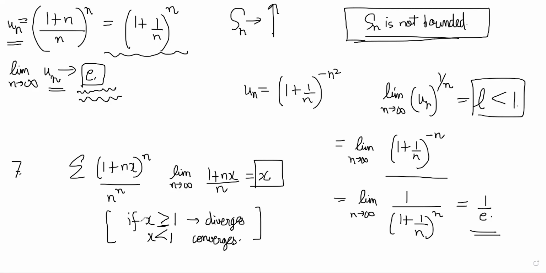There are more tests, but you don't need to know all of them. Whatever we have learned so far is enough. You need to revise everything that we have learned in sequences and series so far.